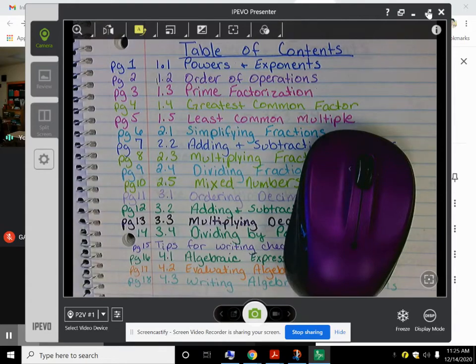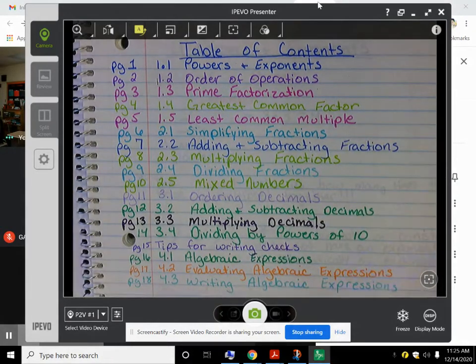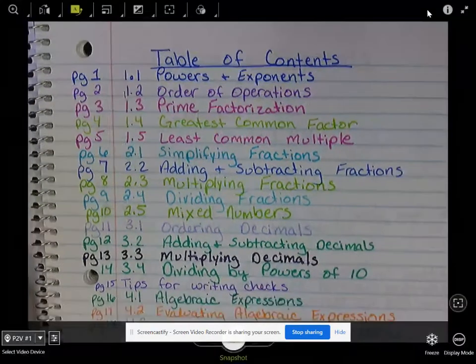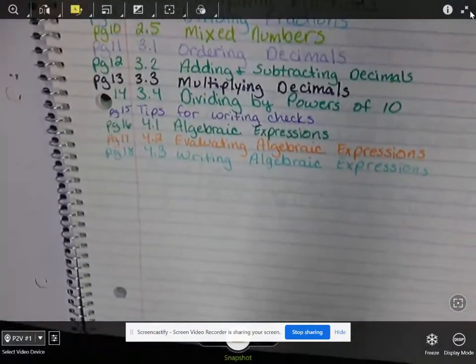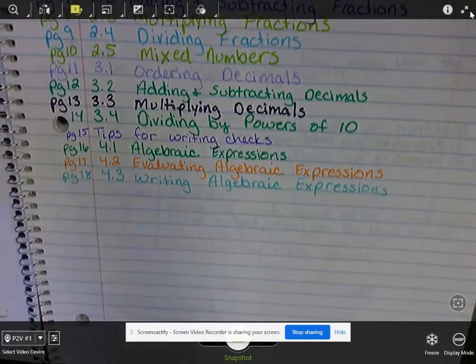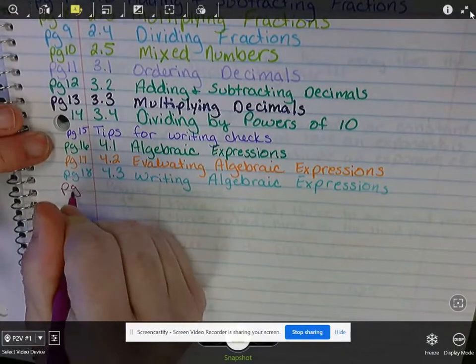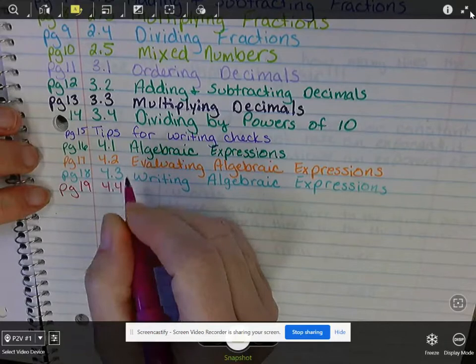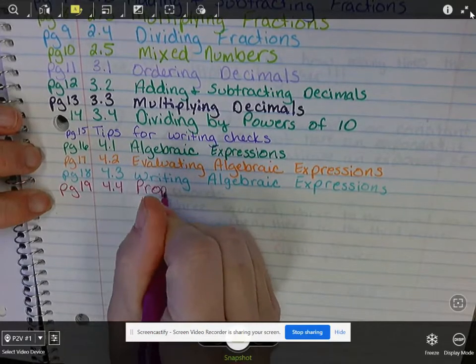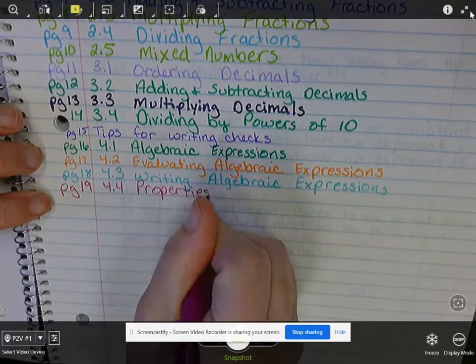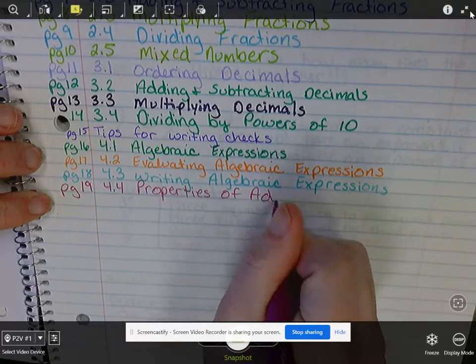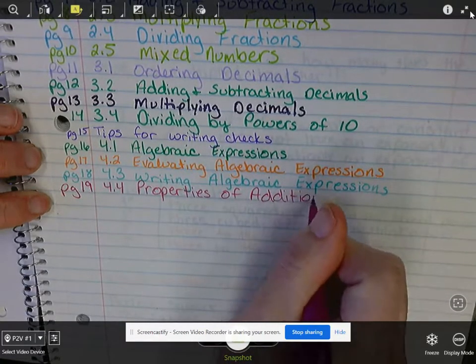All right, so we are starting section 4.4 today. On your table of contents, you need to put page 8 or page 19: 4.4 properties of addition and multiplication.